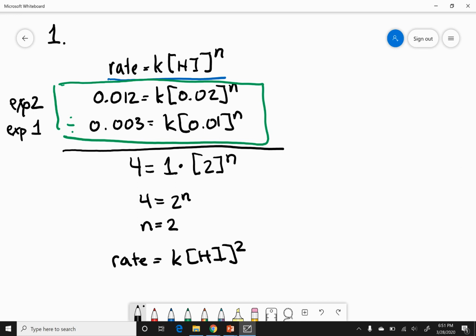All right, let's see if we can hit another point here. So let's try to do point number 2, which is calculate the rate constant. So again, I want you guys to remember that in point 1, we found that the rate equals k HI to the second power. And so now what I can remember is that each one of these experiments has to follow this rate law.